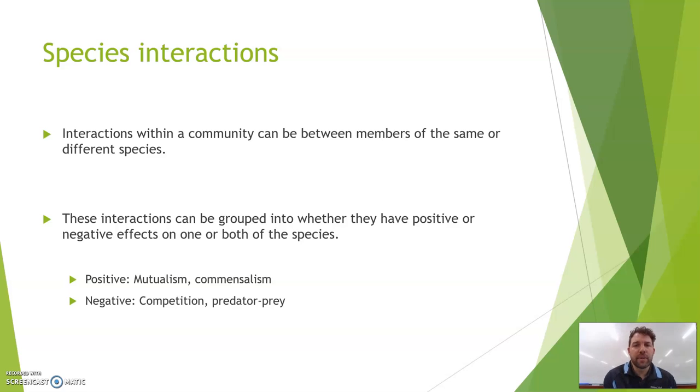So interactions within a community can be between the same species, one kangaroo interacting with another kangaroo, or can be between species, kangaroos and potoroos, for example. They can be grouped whether they have a positive or negative effect on one or both of the species. So positive is mutualism or commensalism, and negative is competition or predator-prey or parasitism.